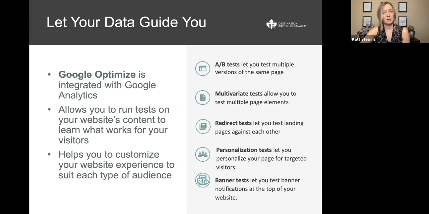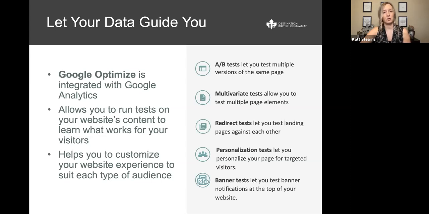But then you can identify, say, a page on your website, like your products page. And you want to know if you change the book now button from blue to red, are more people going to click on it? Or if you change your headline on that page, are more people going to navigate to that page and want to book?